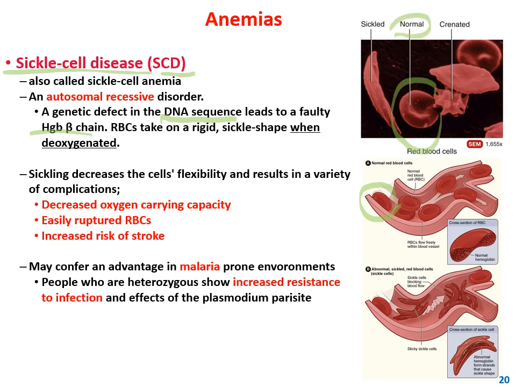Now when this red blood cell gets into the tissue and delivers the oxygen, you get trouble, because the hemoglobin changes conformation and starts to form fibers. The fibers distort the shape of your red blood cell, and it becomes stiff and cannot really go through the capillaries to come back from the tissue.